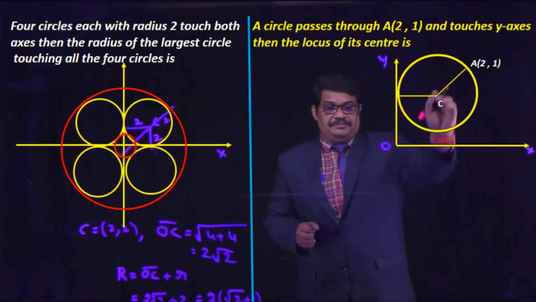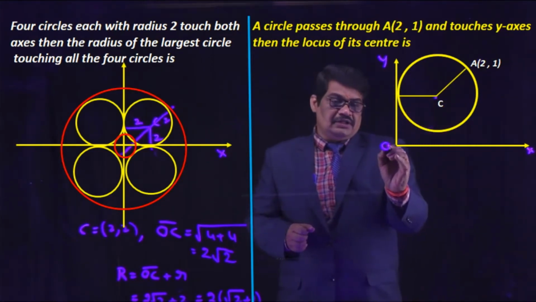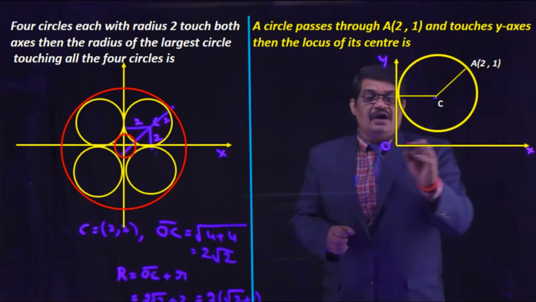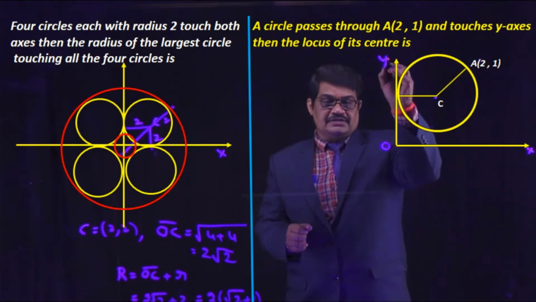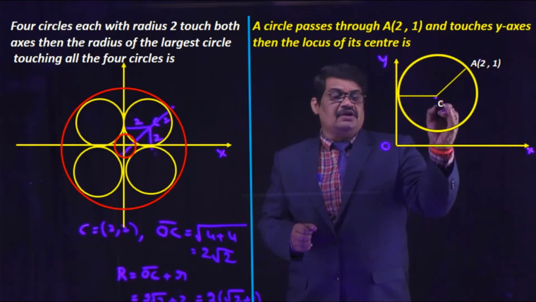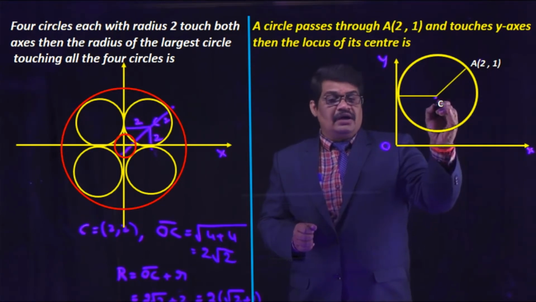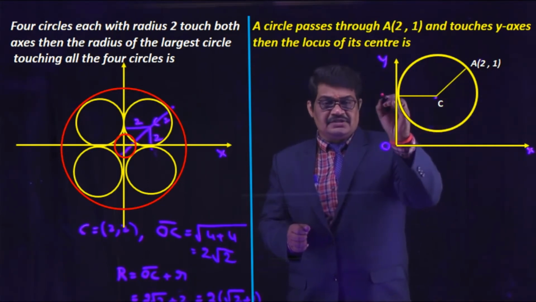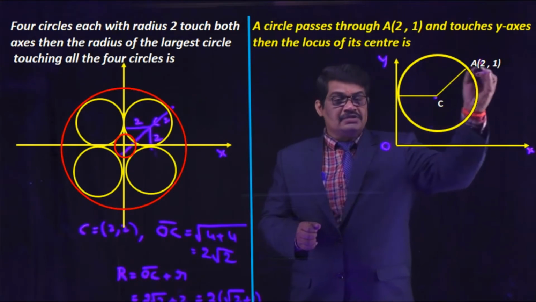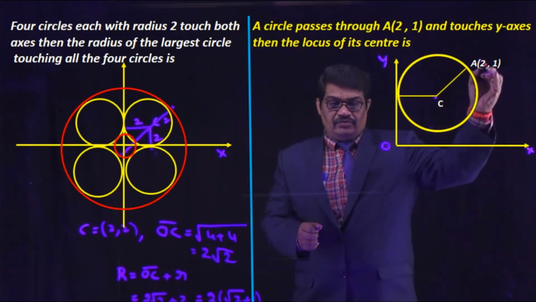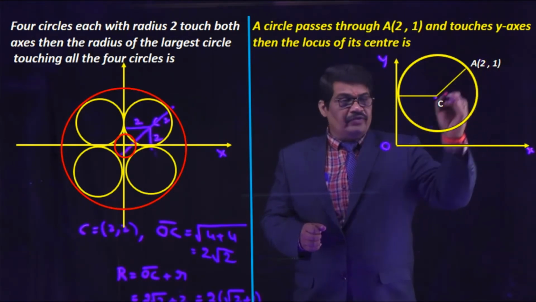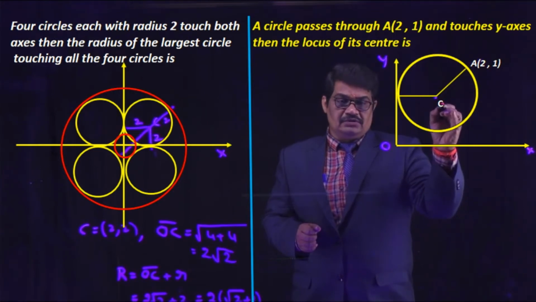So this is the origin, this is the x-axis and this is the y-axis. Here C is the center of the circle, and this circle touches the y-axis and passes through the point A (2, 1). Now we have to find the locus of this center.